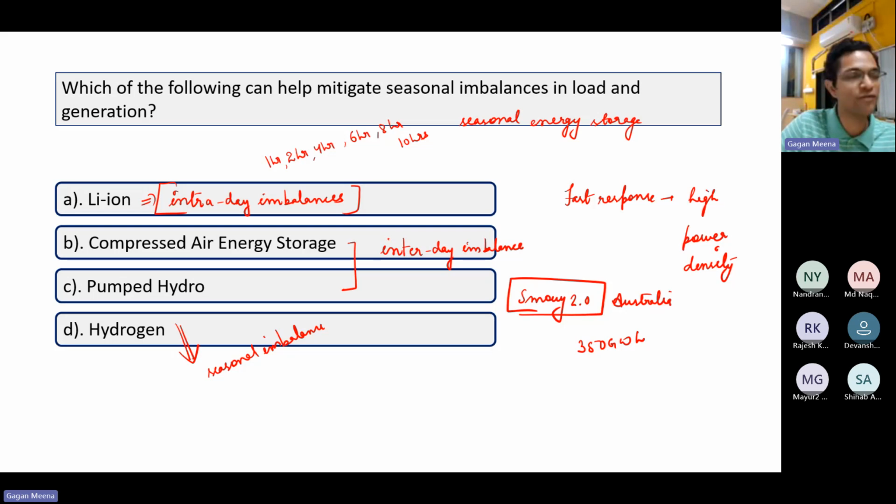And right now we are not even facing those seasonal challenges because renewable penetration is not that much. And those countries which have high renewable penetration already have good amounts of hydro resources, or they rely on gas.